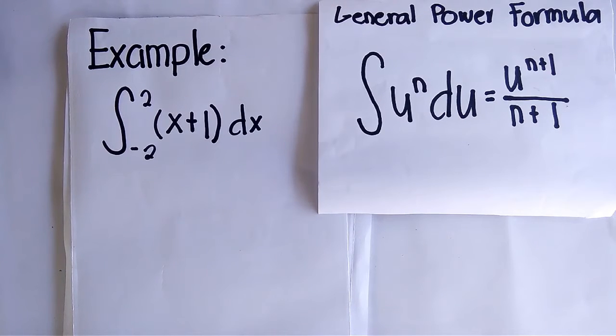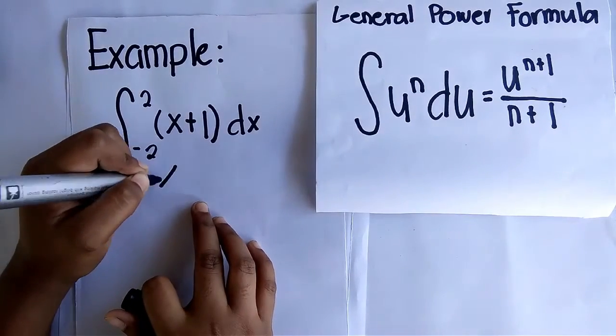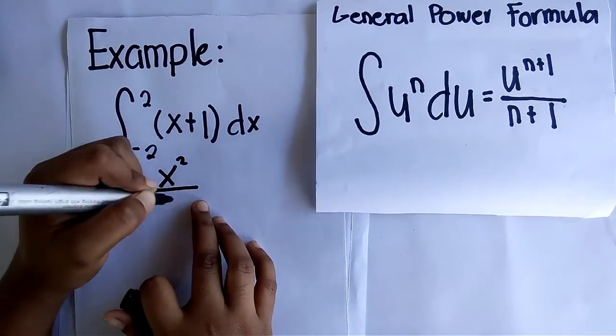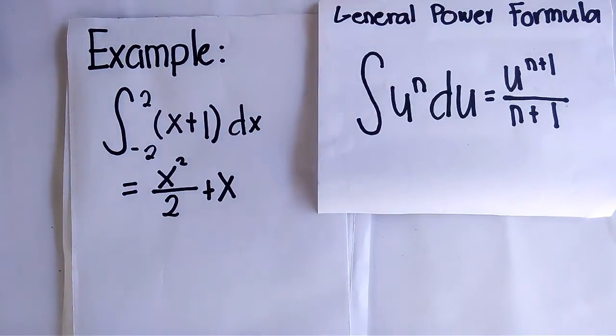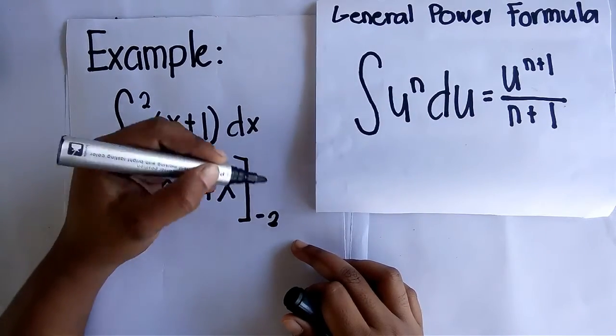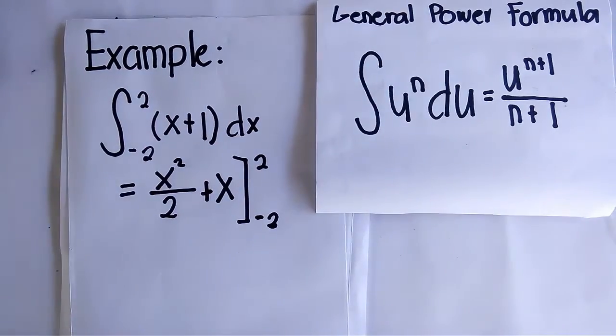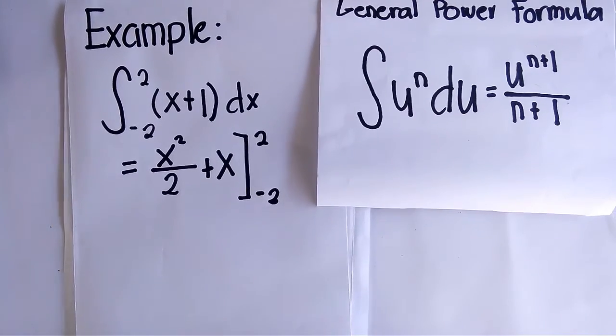Now, let's proceed to the example. First, we have to find the antiderivative of x plus 1. So, the antiderivative of x plus 1 is equal to x squared over 2 plus x. Now, we have to substitute the value of 2 to the x.